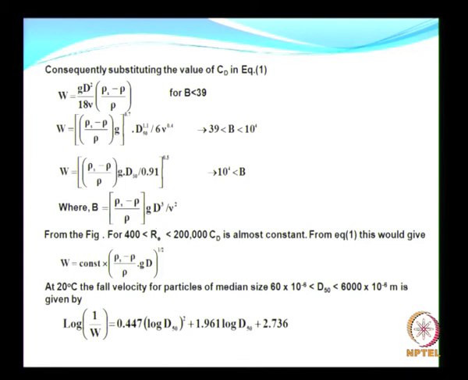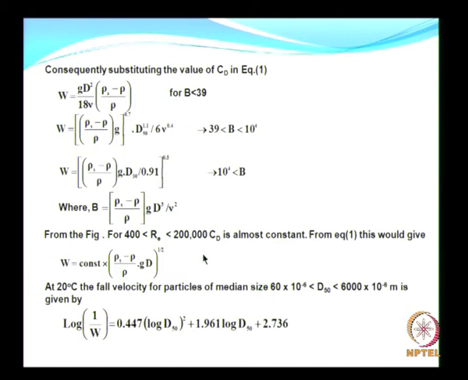So this is what the literature says, and I have already told you that for this range the drag coefficient is almost constant. So from equation 1 we can say that W is a constant into this one.